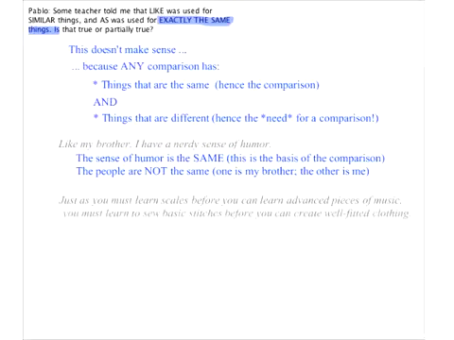There are things that are the same here, and there are things that are different. The overall nature of the act is the same.